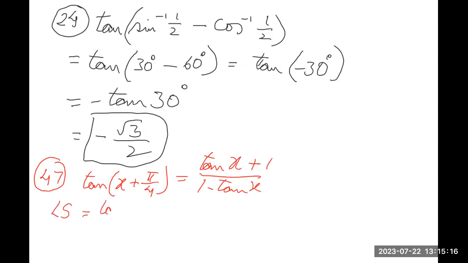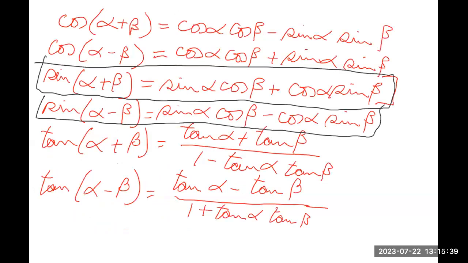So this is tan x plus tan pi over 4 over 1 minus tan x tan pi over 4. Just to recall, tan of a sum of two angles is this: tan of alpha plus beta is tan alpha plus tan beta over 1 minus tan alpha tan beta.